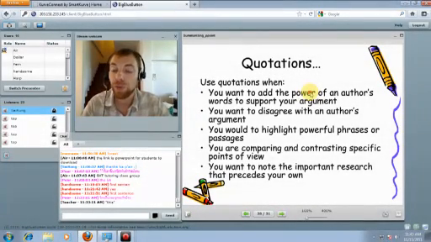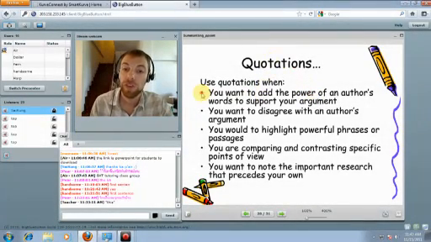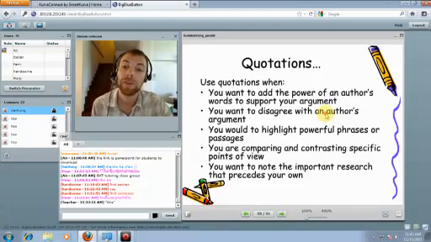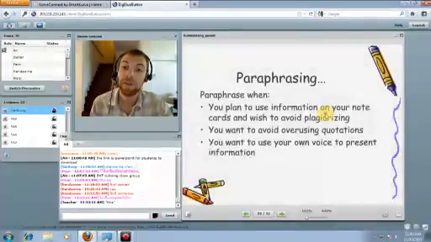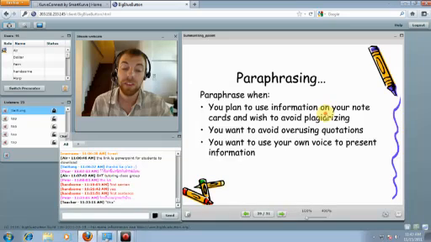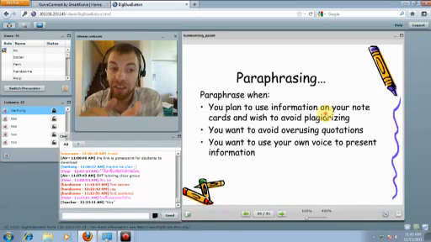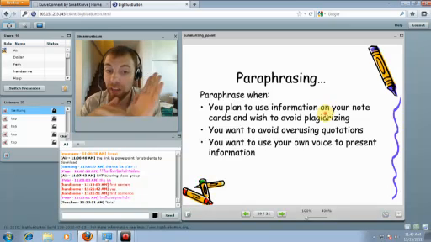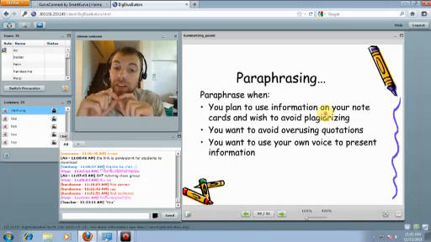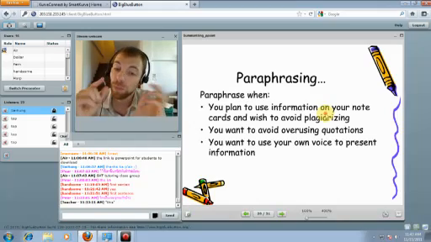So here we have quotations, which is using the same words and telling where they're from. And you use these words, these sentences, to help make your idea stronger. Paraphrasing is reading a lot, reading this, okay, and you take a whole page, and you can make it into your own words shorter.